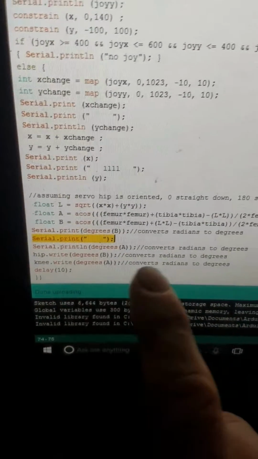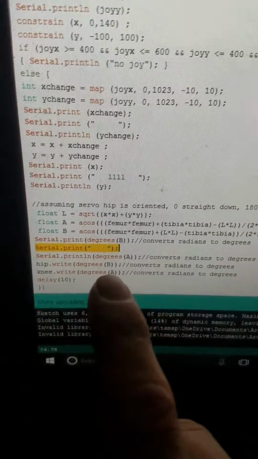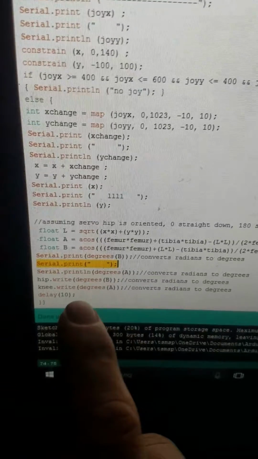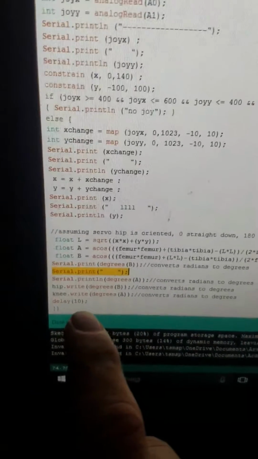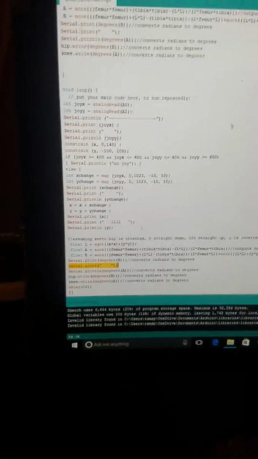And then it writes those angles to the servos. It waits a very short period of time. I could probably take that delay out and it might run a little more smoothly.